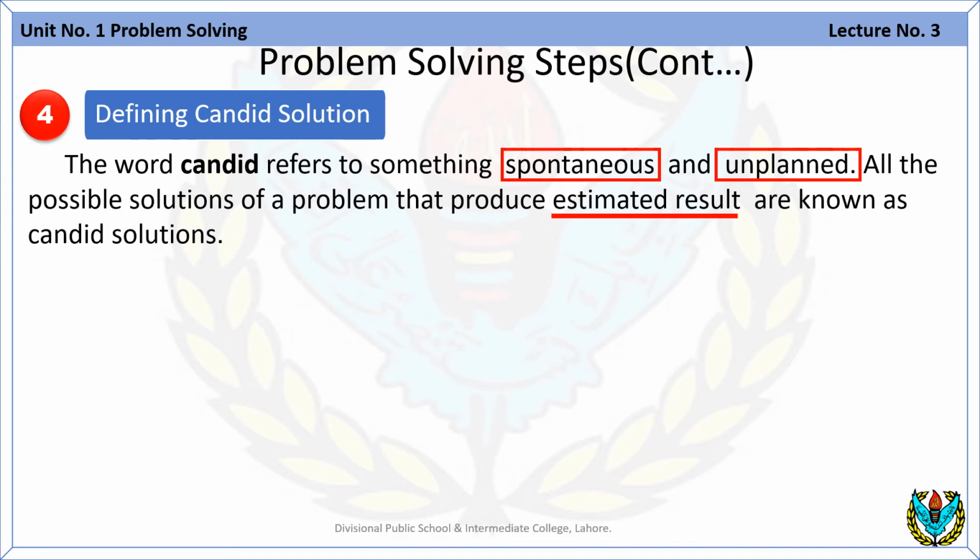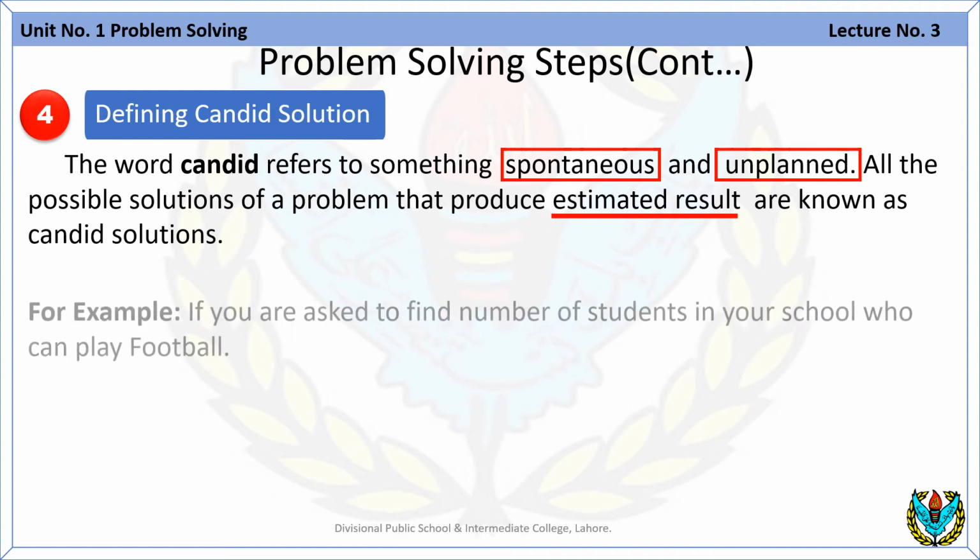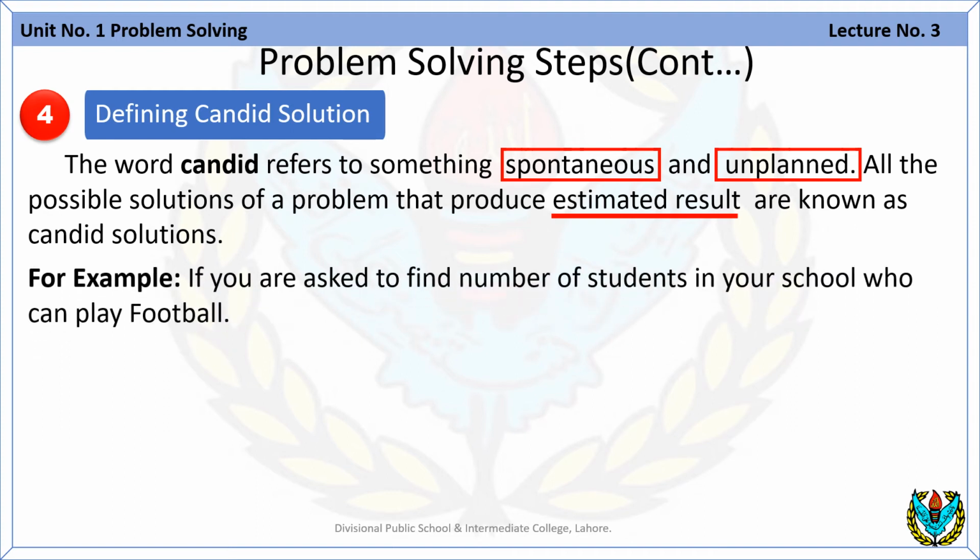as candidate solutions. For example, if you are asked to find the number of students in your school who can play football, the first unplanned solution will be to find that the number of football players in our class is 5. Then we multiply it with the number of classes we have, that is 5. So the candidate solution is that we have 25 football players in our school.